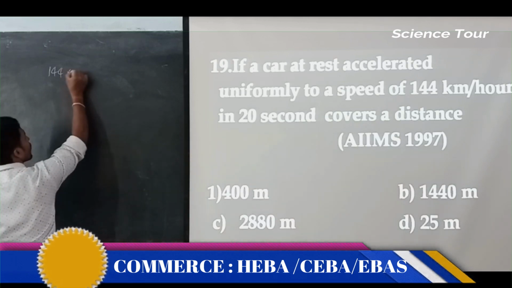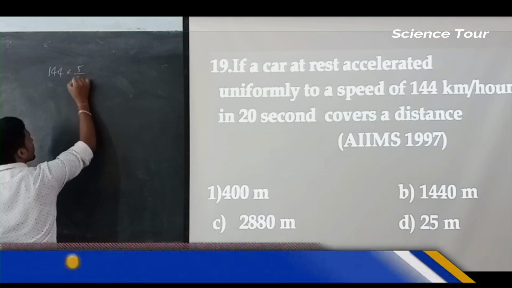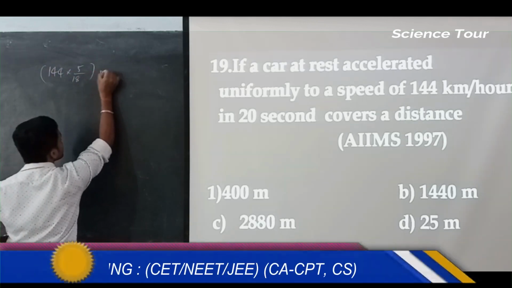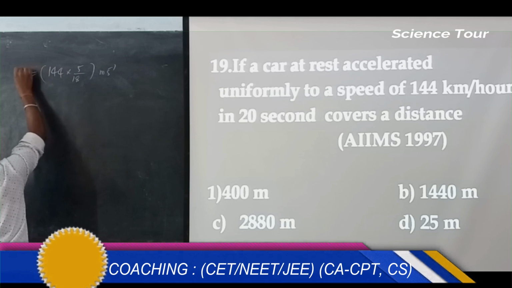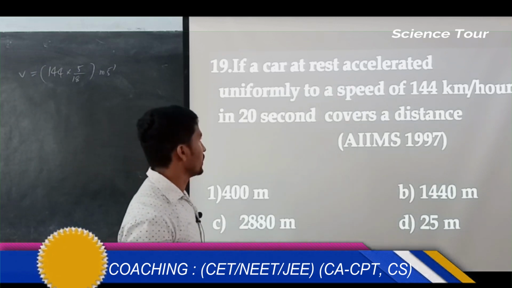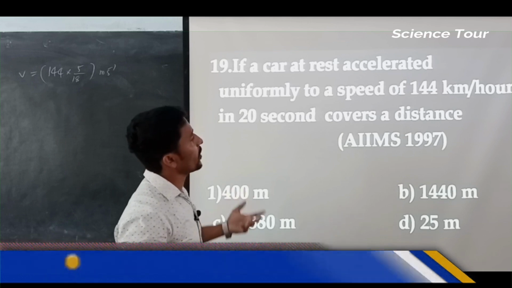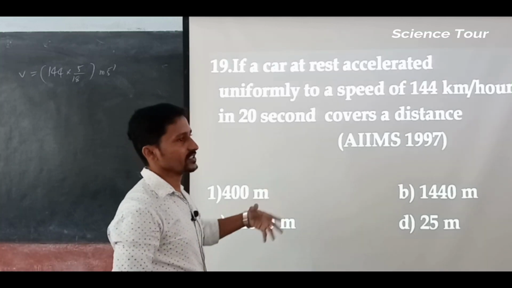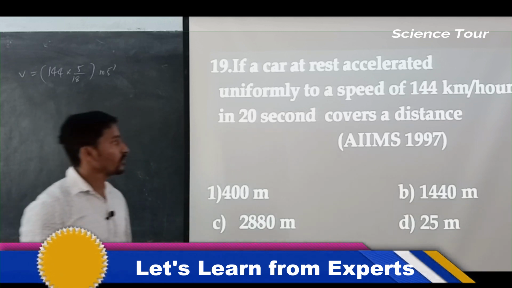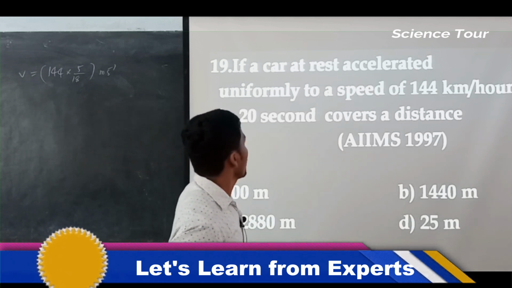So you have to multiply by 5 by 18, so it becomes meter per second. Accelerated uniformly means the acceleration is constant. Now the velocity goes on changing.